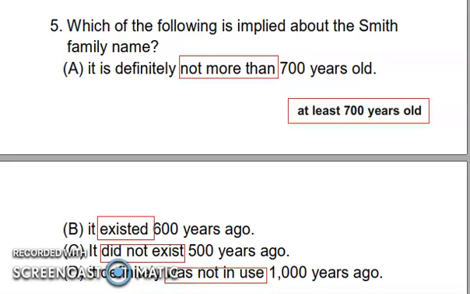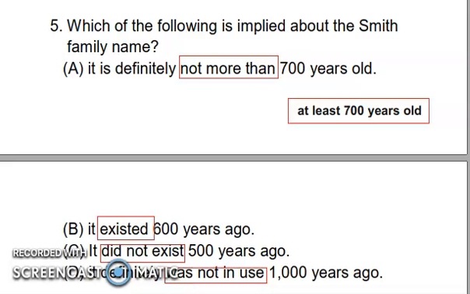Before we decide, we should check the option D. It definitely was not in use 1000 years ago. Yeah. So was not in use, it means that it did not exist 1000 years ago.